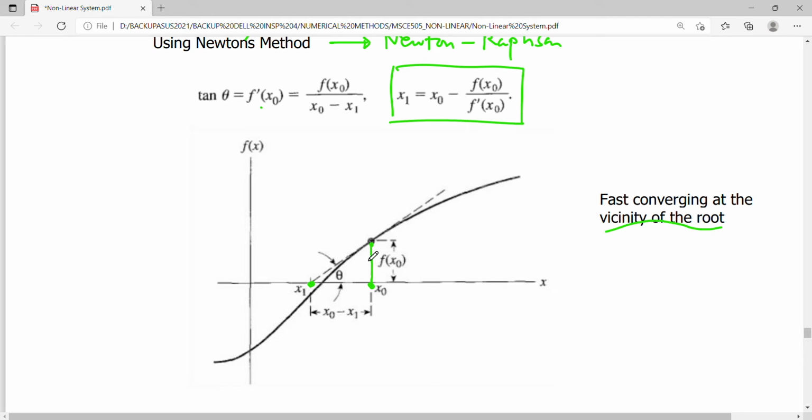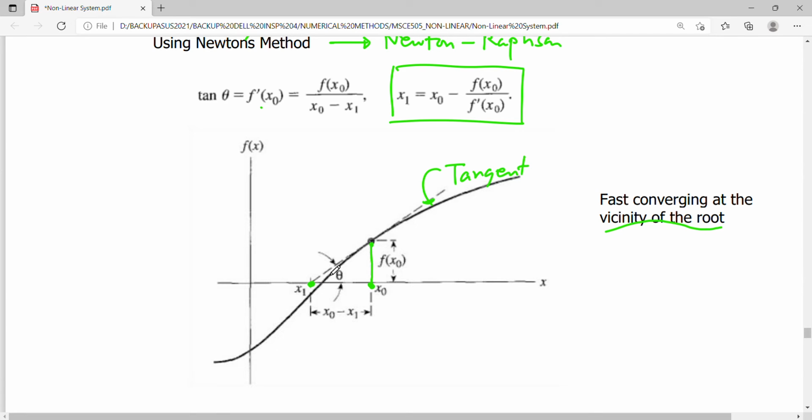Because we don't need 2 points to form a slope, we simply get the tangent line, and we know for a fact that the derivative of a point on the curve represents the tangent to that curve.